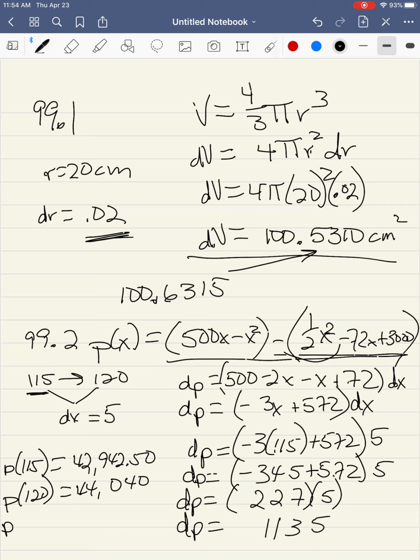So that would give us a difference, P of 120 minus P of 115, equals $1,097.50. So as far as approximations go, that's not a bad approximation. It's a $37.50 difference. So that's pretty good.